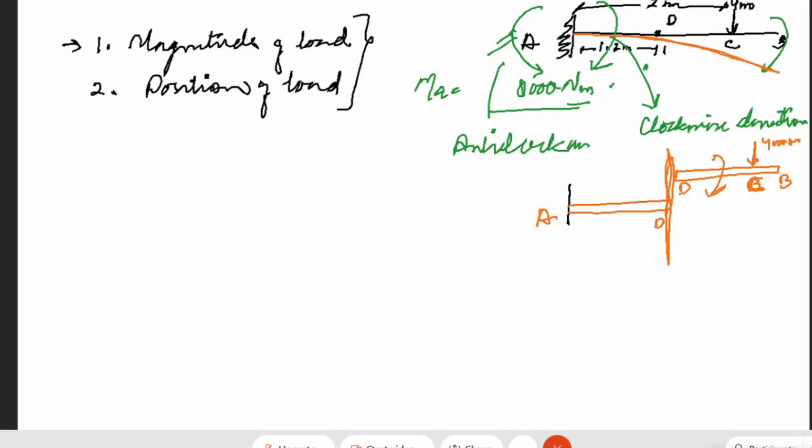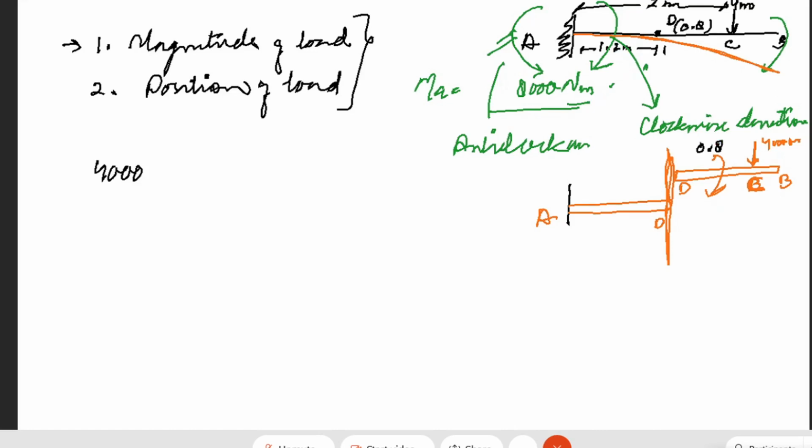Now we can find that there is a clockwise moment of how much? It will certainly be 4,000 multiplied by 2.1, minus 0.8... this portion is 0.8.